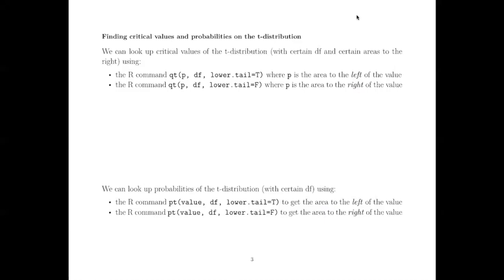So just like we used R to help us calculate values or probabilities on the standard normal Z distribution, we're going to do the same thing here. We may have a value, or you could call this a critical value. Or we may be interested in a probability or a proportion.